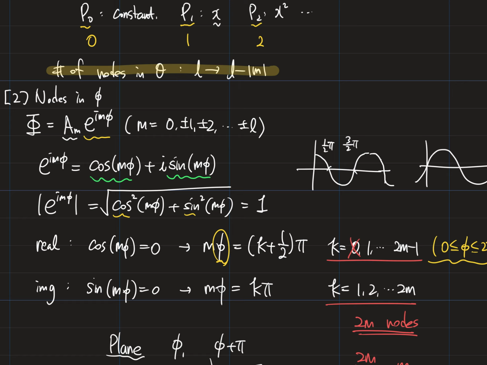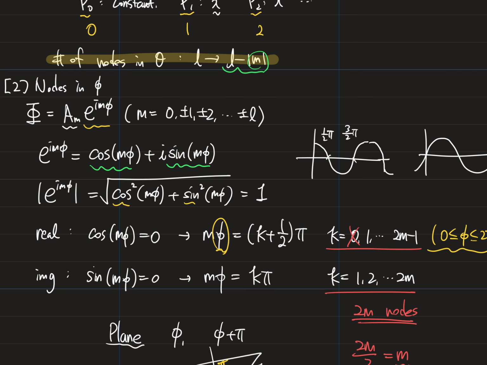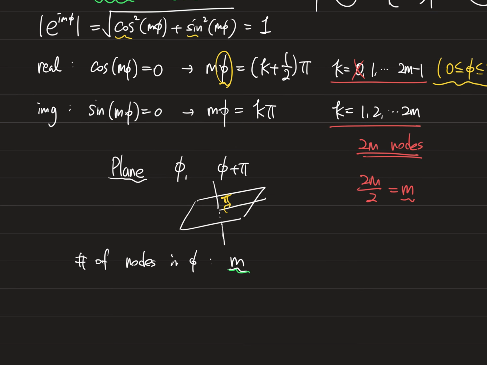So we are going to add up the number of nodes in both theta and P. It would be L minus m, and m should be a positive number here. And the number of nodes in P is m, so L minus m plus m should be L, if we assume that m is a positive number, and this assumption is very reasonable.